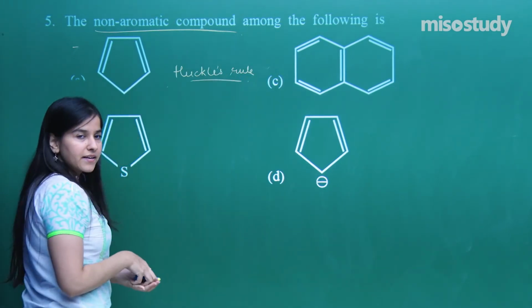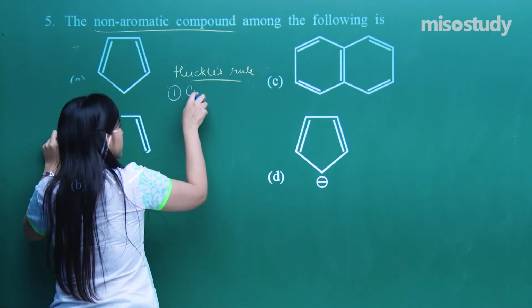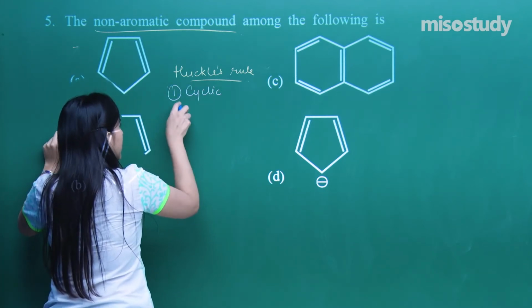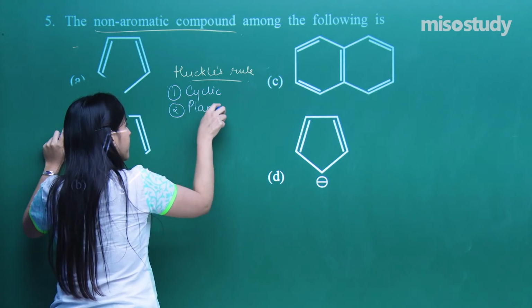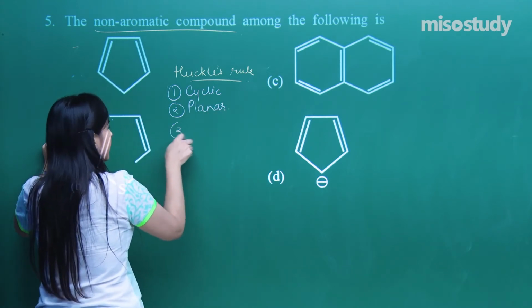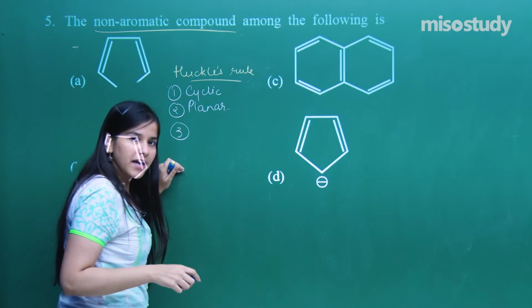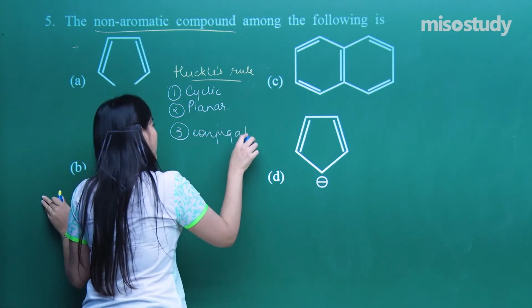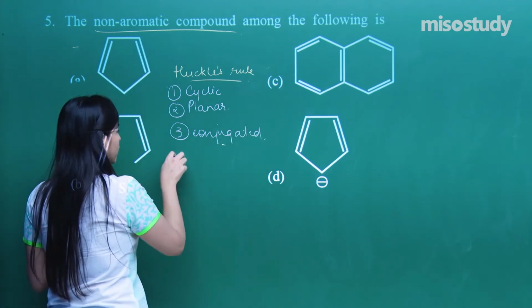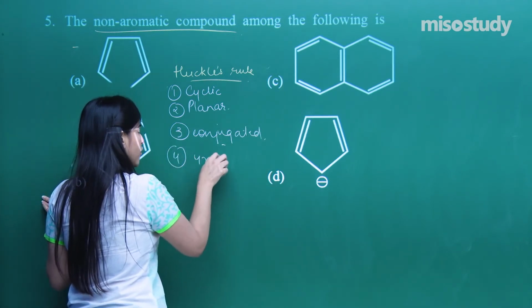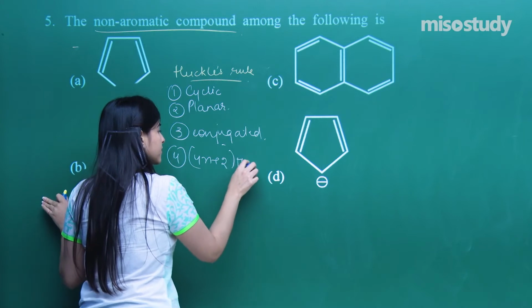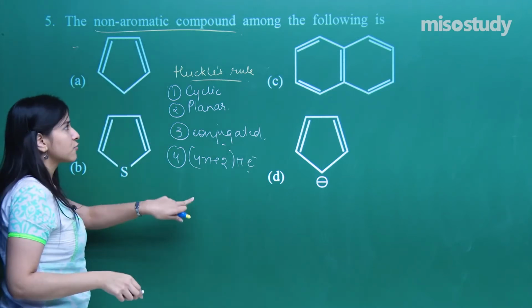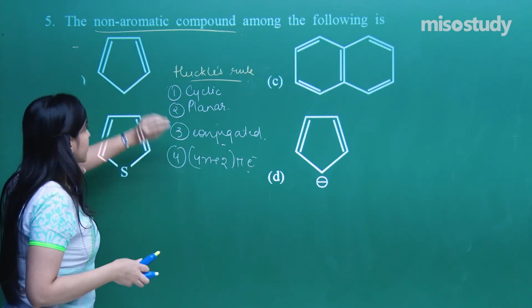So what does it say? It says it must be cyclic, it must be planar. Third, it must be conjugated as well, and in respect to the conjugation, it must have 4n plus 2 pi electrons. So that is what Huckel's rule is saying. So let us check quickly.